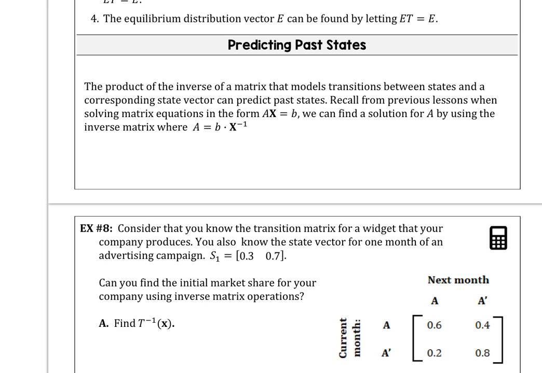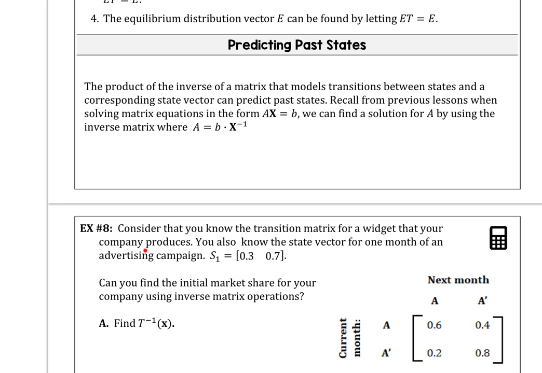And then predicting past states, we want to work backwards here. The product of the inverse of a matrix that models transition between states and a corresponding state vector can predict past events, past states. Recall from the previous lessons when solving matrix equations in the form of AX equals B that we could find a solution for A by using the inverse matrix where A is B times X inverse.